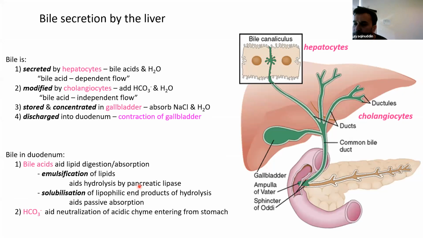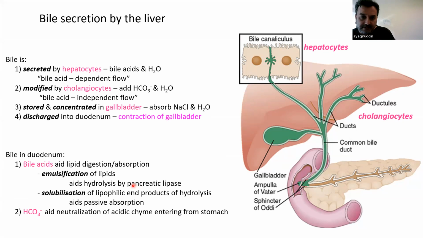So we go through some basic physiology of bile. The second half is going to be more on bilirubin, and then the third part is going to be what are the other functions of the liver.